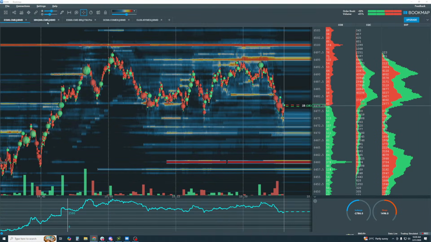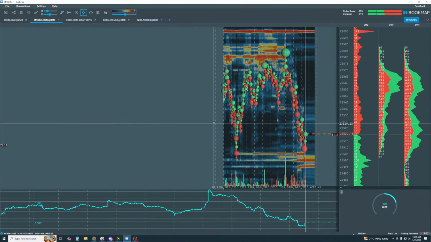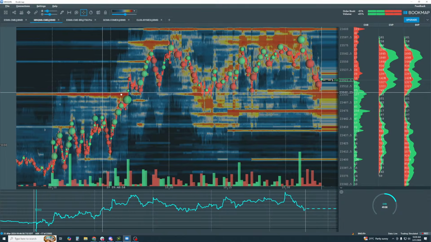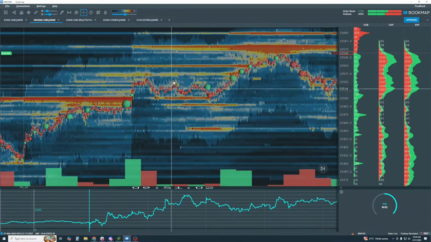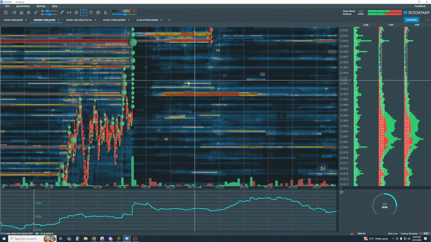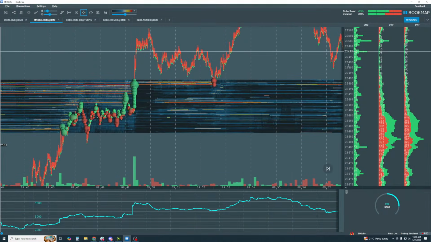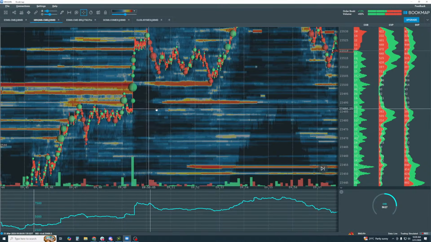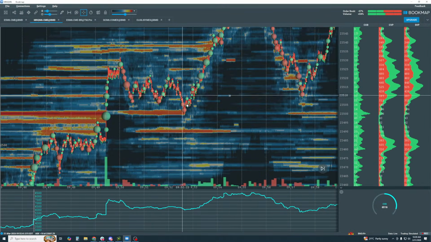All right, for you guys trading the Nasdaq, same thing over here. I thought it was even better. Here's our breakout. Here's our pullback. Look at the flip of the order book in here on the offer at this price level of 23,500.